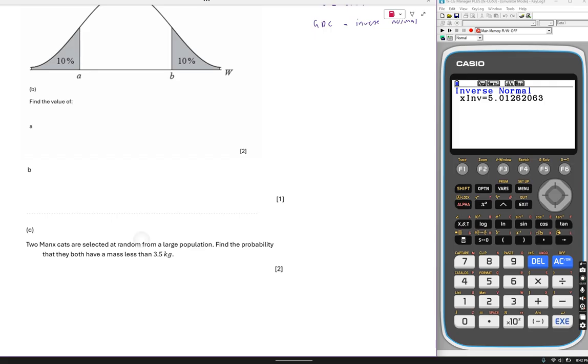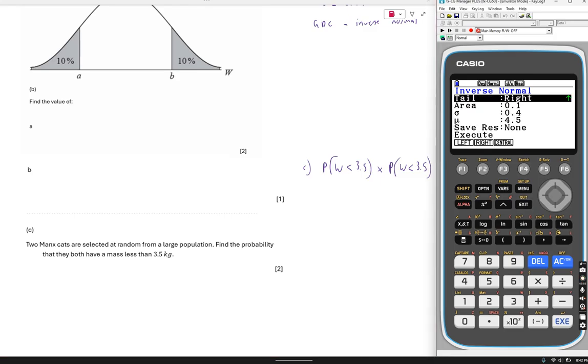So I'm going to say the probability that W is less than 3.5, and then we're going to multiply that by the probability that W is less than 3.5. That satisfies the question. So we've set up the question.